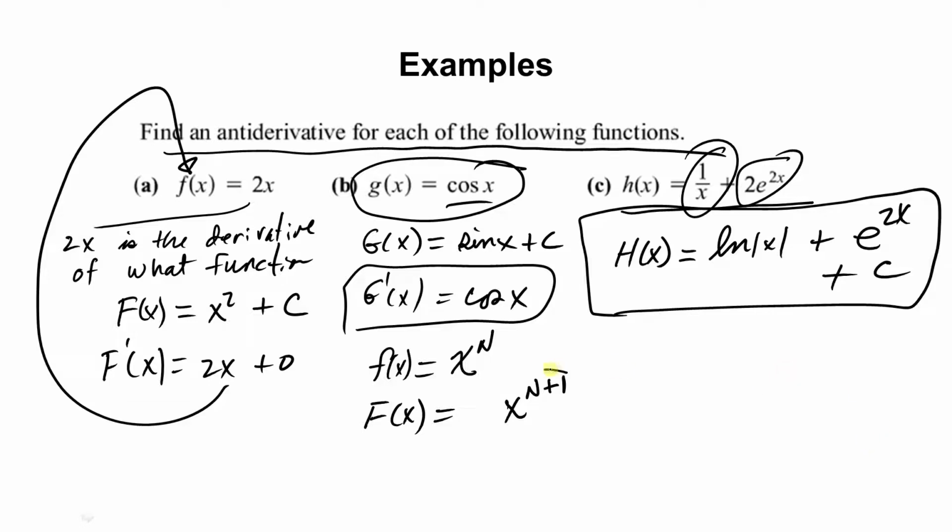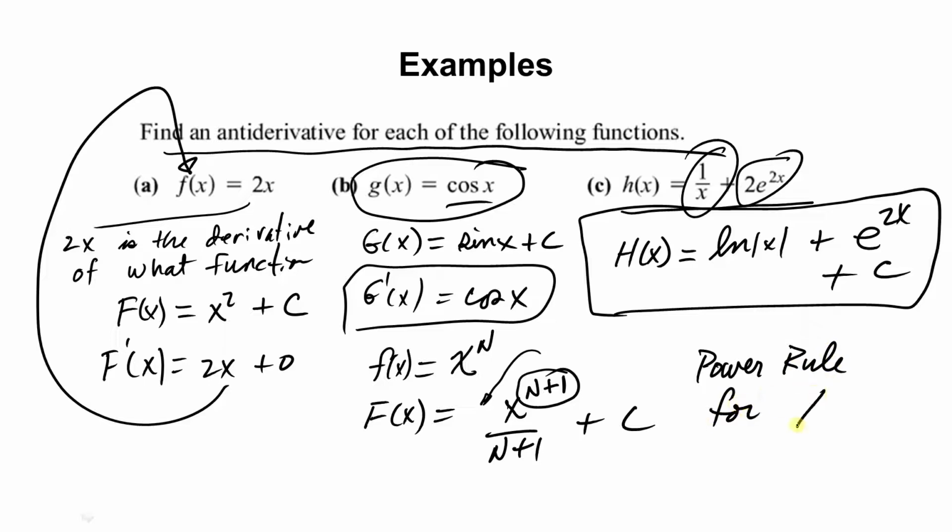But when we multiply by n plus 1 to take the derivative, we'll be off by a factor of n plus 1. So what we need to do is take x to the n plus 1 over n plus 1. So this is the power rule for an x to a power. So it's x to the power plus 1 divided by the power plus 1.